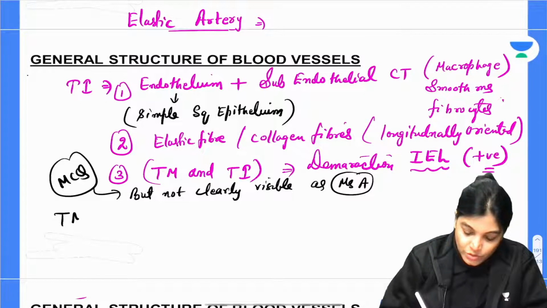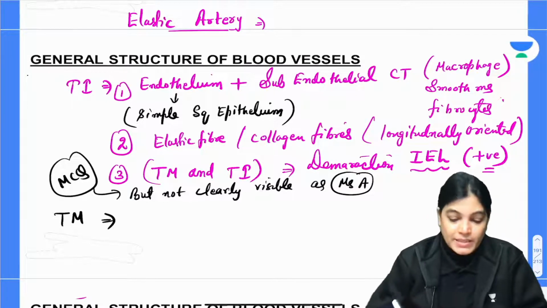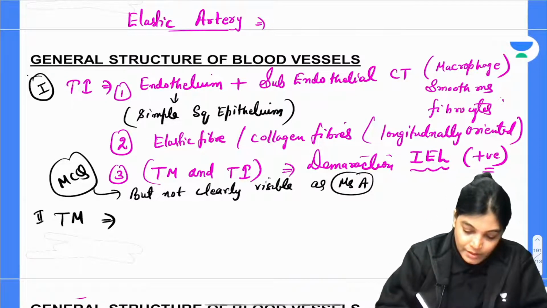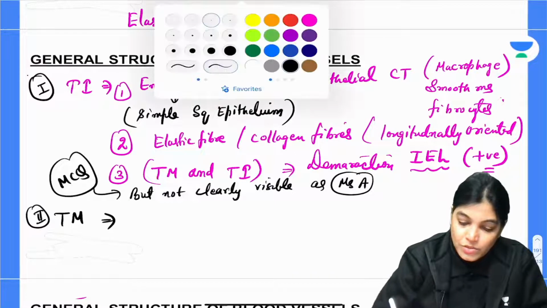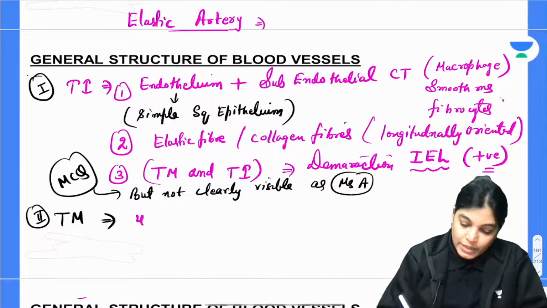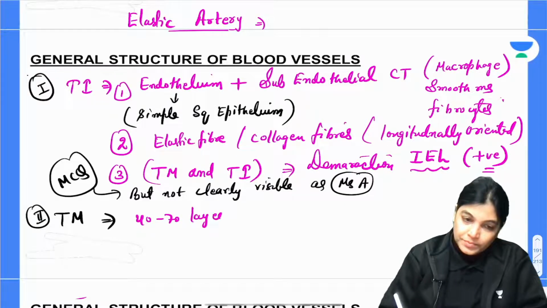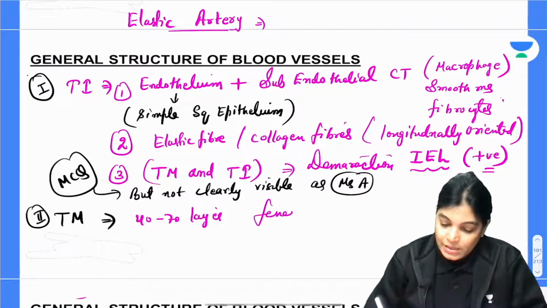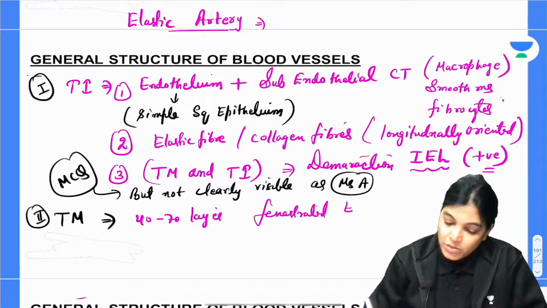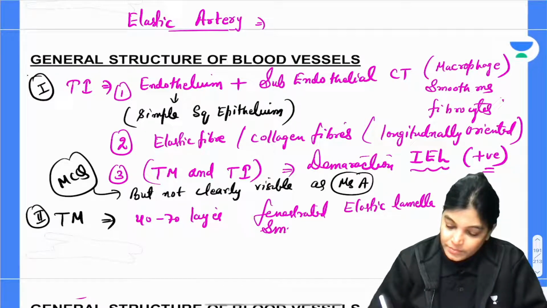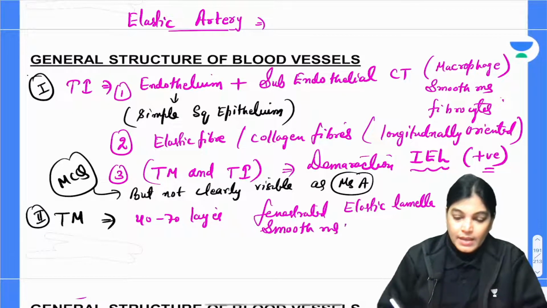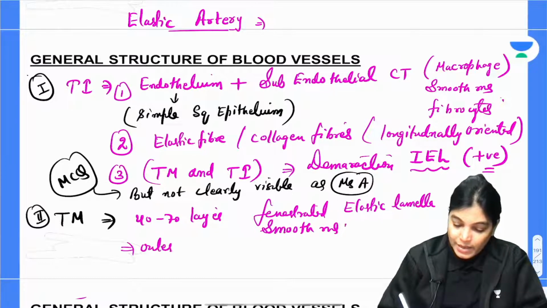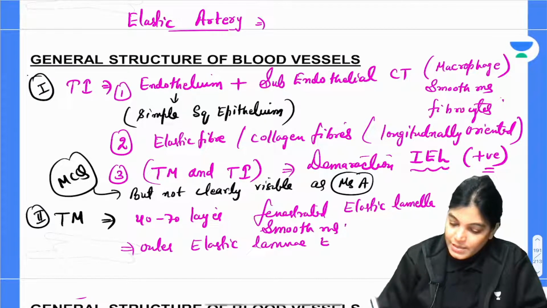Now, what is the next layer? Tunica media, the second layer, consists of 40 to 70 layers of smooth muscle and fenestrated elastic lamina, which contains elastic laminae and smooth muscles, and the outer elastic lamina forms the external elastic lamina.